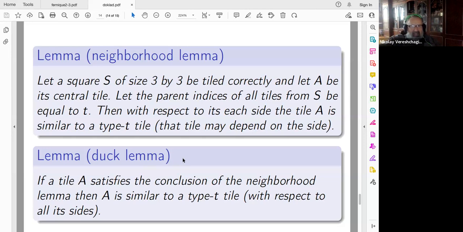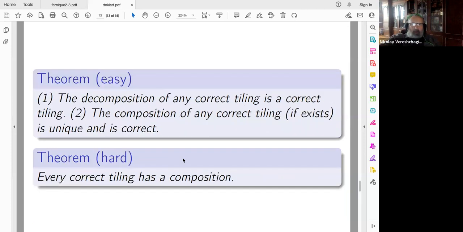It claims that if we have a tile from our set A, say, and a number T, then either we can point to a side on which A is not similar to any type T tile, or it's similar to some T-type tile with respect to all sides. And this can be easily seen on our picture.